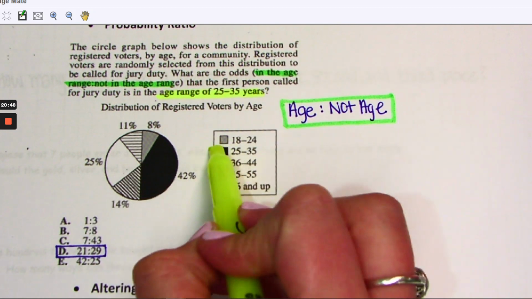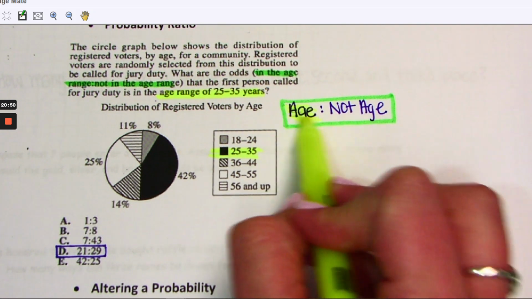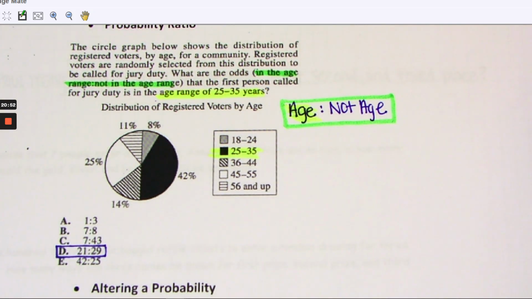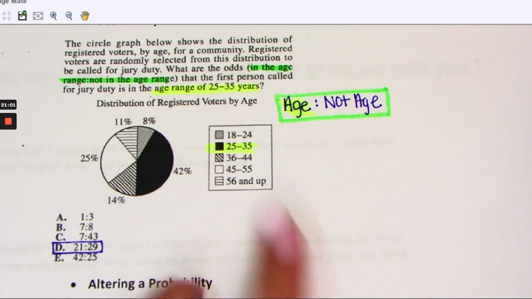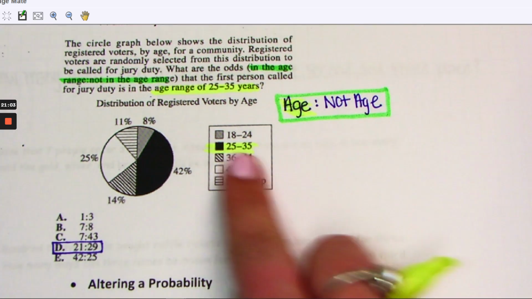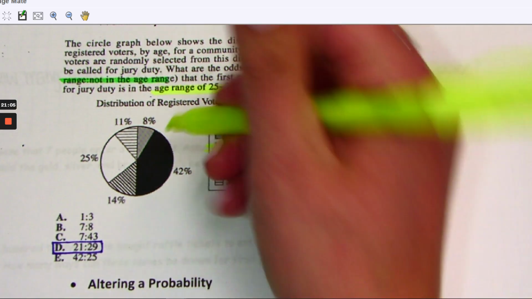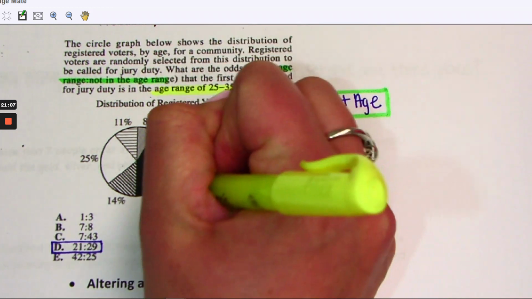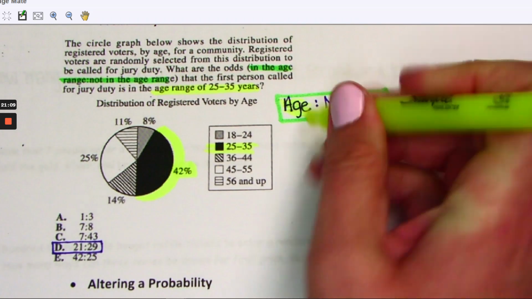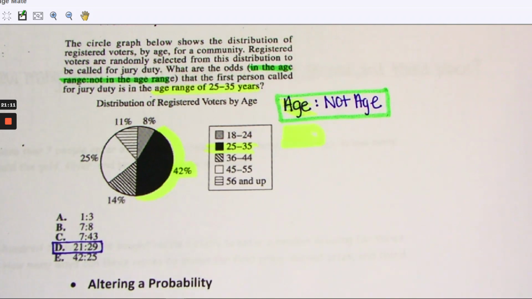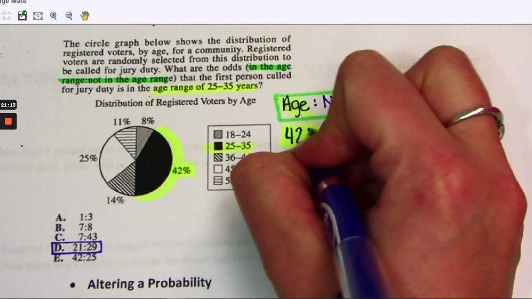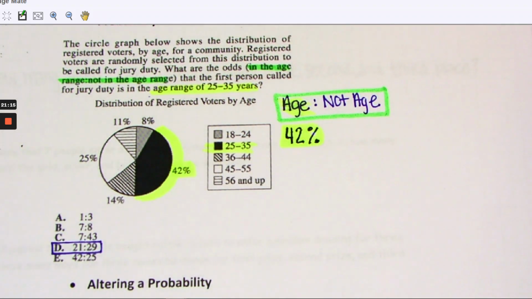So what percentage of people are in the 25 to 35 age range? Yeah, 42%. It gives you the key. It's solid black, which means 42% of these people are in our age range that we care about.